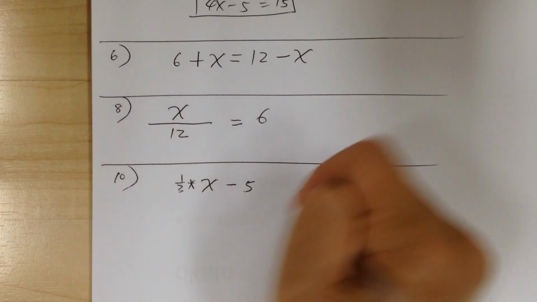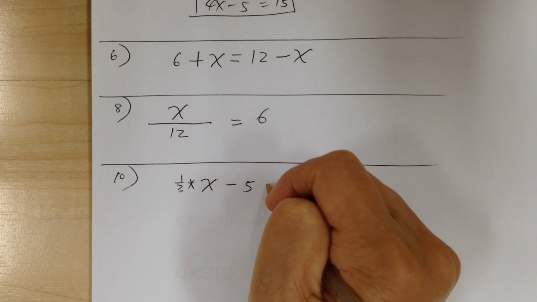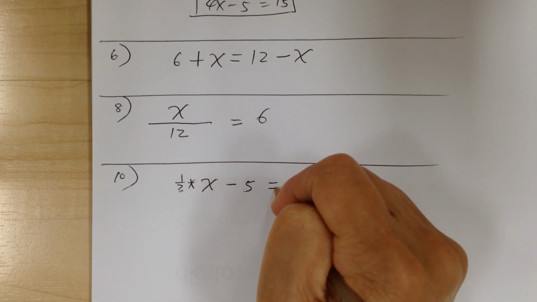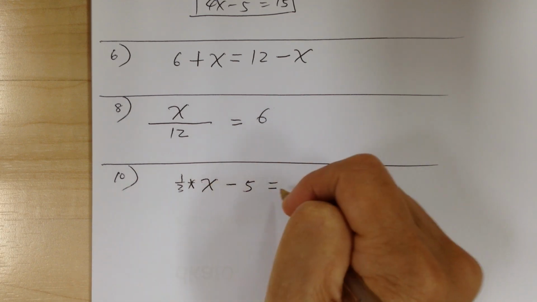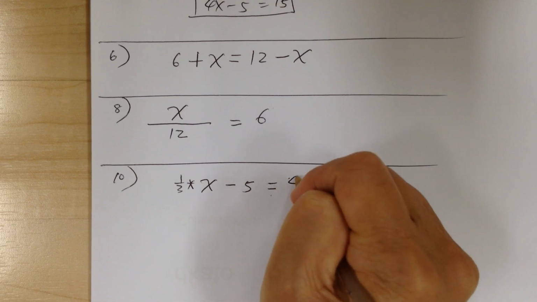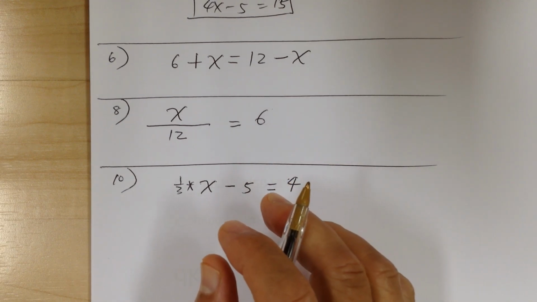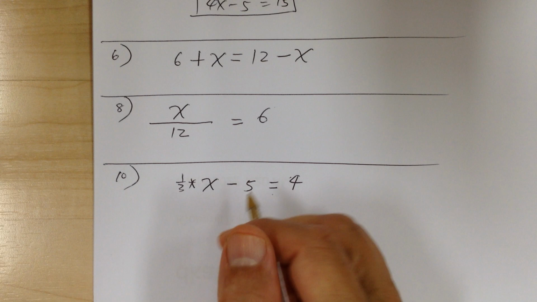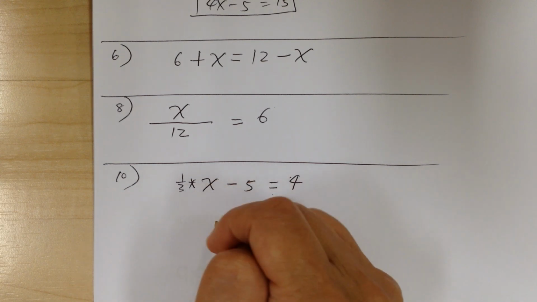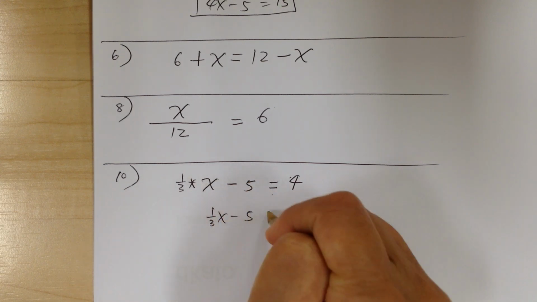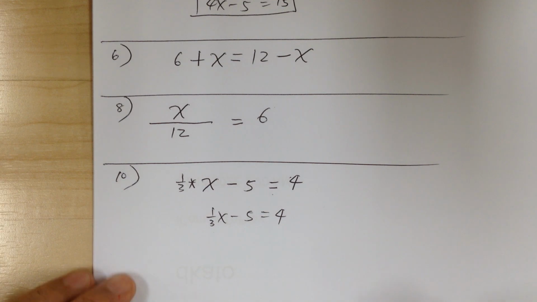The result, this whole thing, the result means this whole thing is equal to 4. And again, you can tidy things up a little bit. Normally, you can get rid of that, so it would be just 1/3 x minus 5 equal to 4.